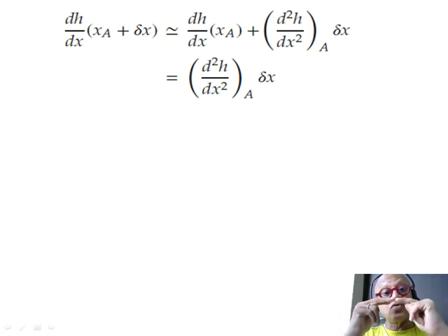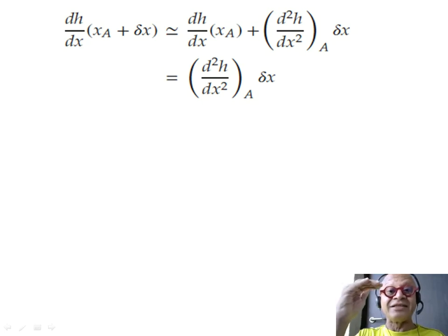So if you get away a little bit, delta x, from xA at the top of the hill, the slope is going to change to dh/dx at xA plus d squared h/dx squared at xA, the second derivative of h at the top, times delta x. dh/dx at xA is 0 because it's flat at the top.